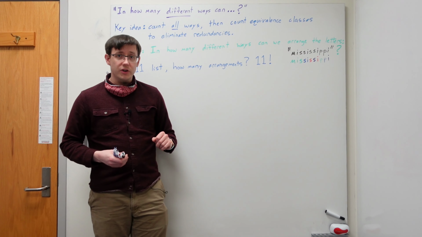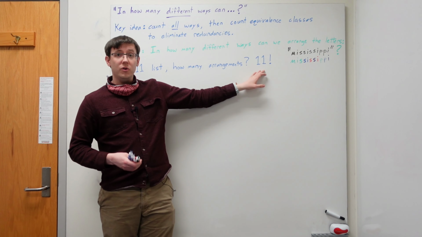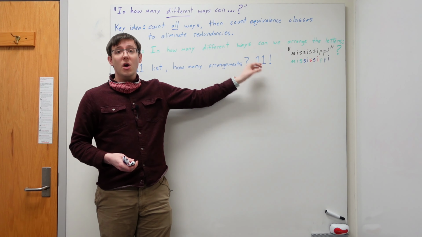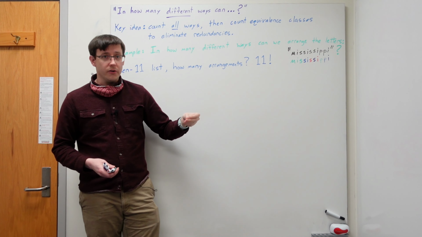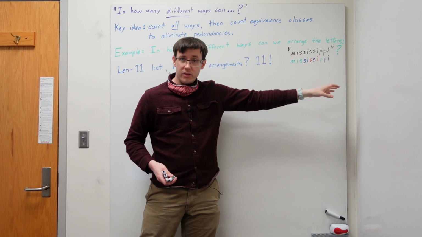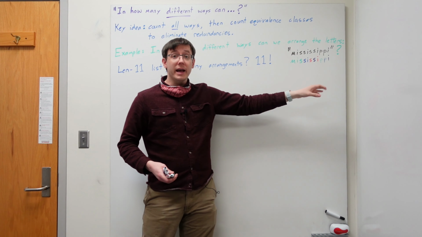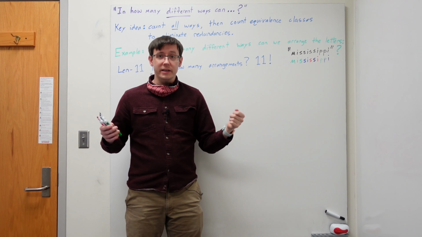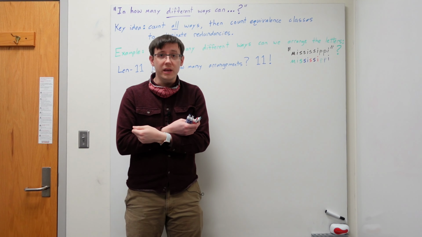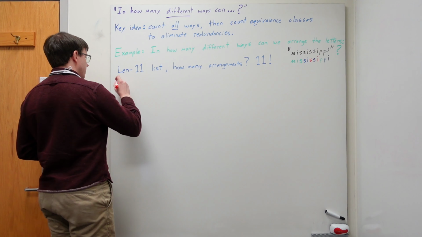And so now the question is, how many of those 11 factorial lists would be equivalent to one another if we took away the coloring of the letters and counted 2 lists that just swap the 2 P's as identical?